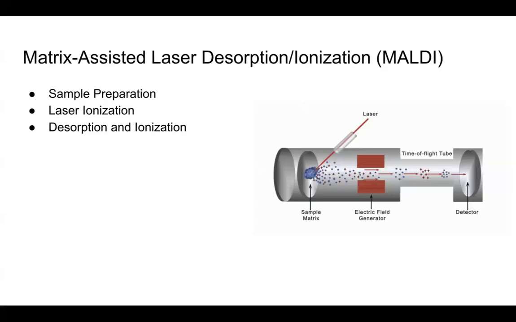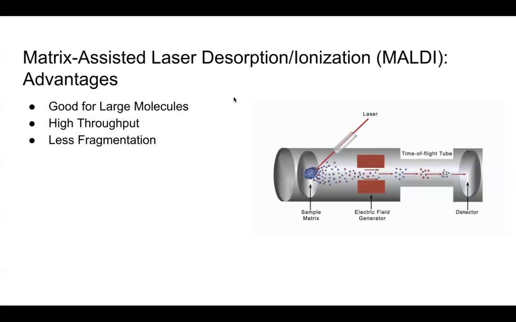So the laser energy causes both desorption, which is the release of analyte molecules into the gas phase, and ionization. So this typically generates singly charged ions for the analyte molecules. Now, MALDI usually produces ions with a single positive charge, making it ideal for generating clean, simple mass spectra data.